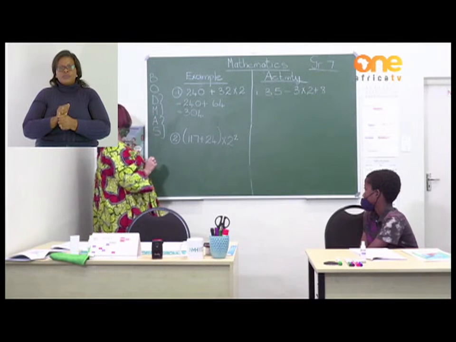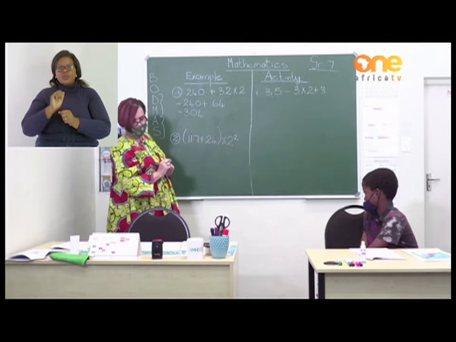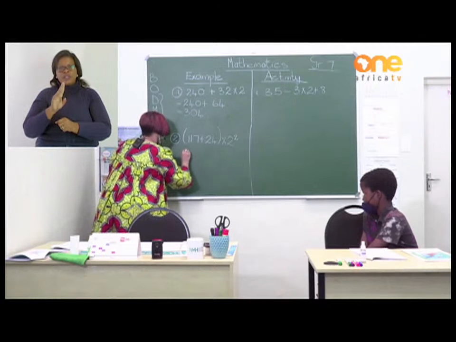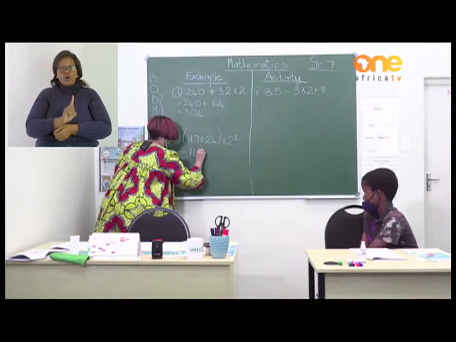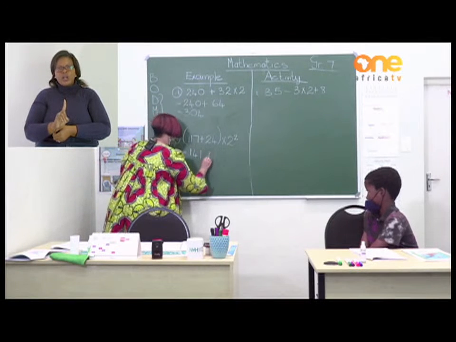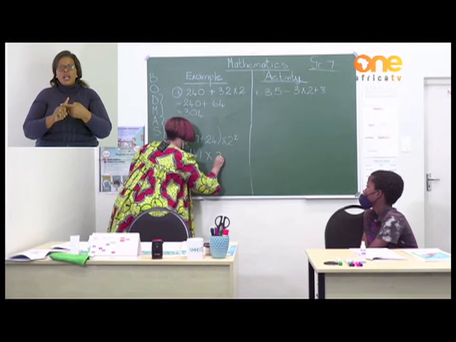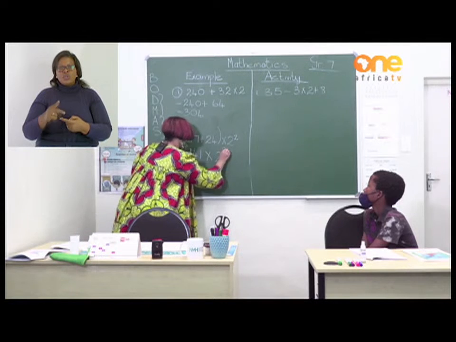So 117 plus 24 gives me 141, times 2 squared.